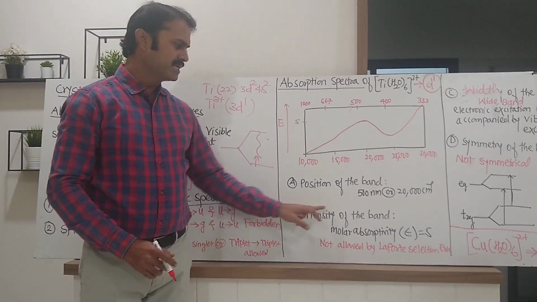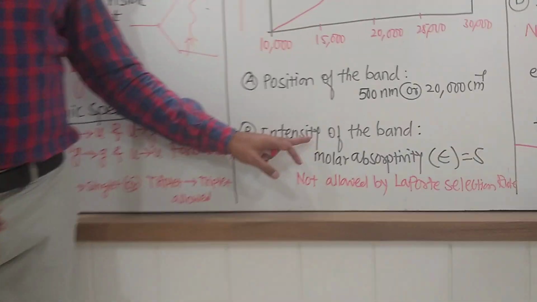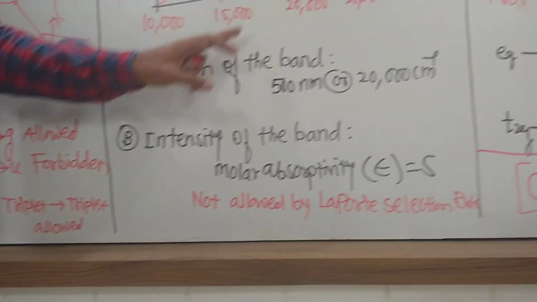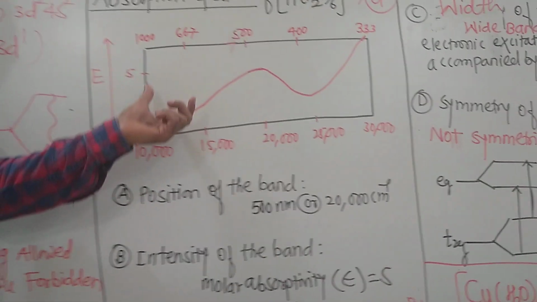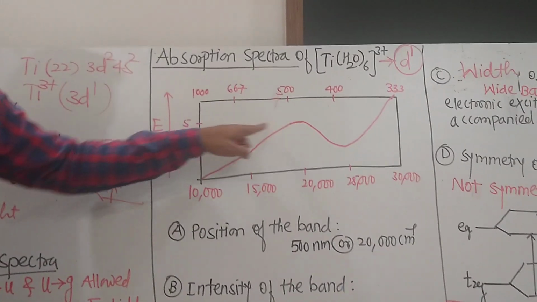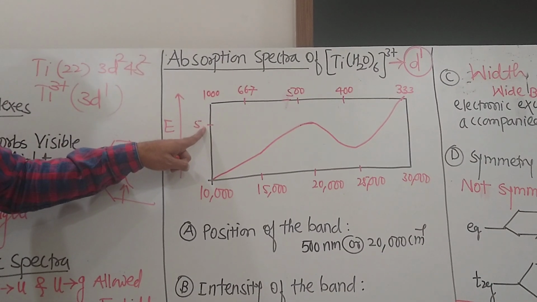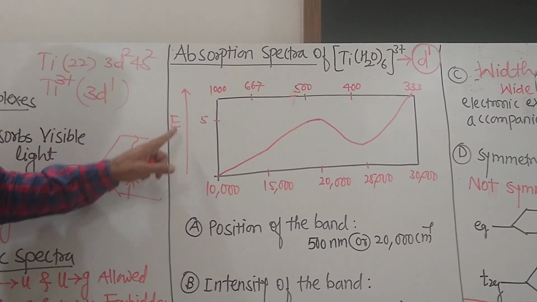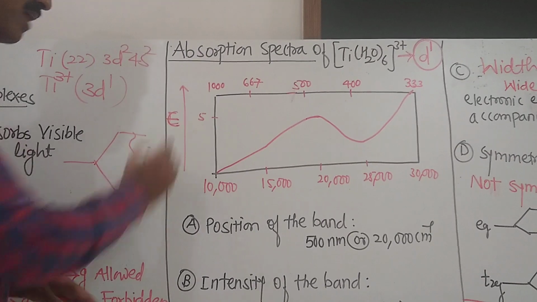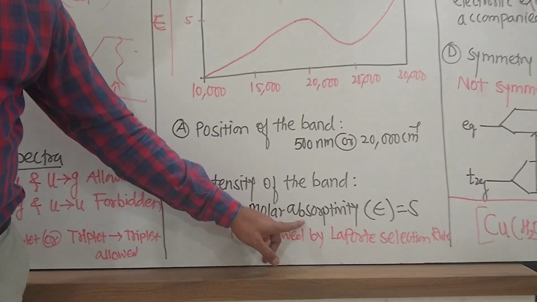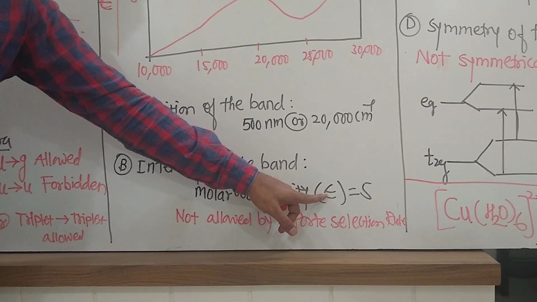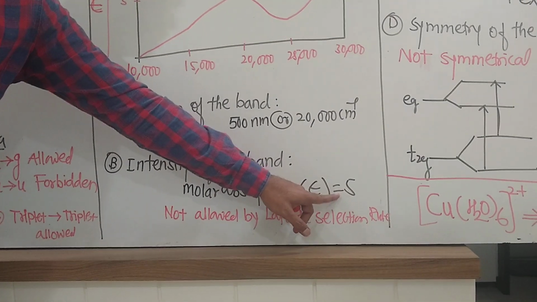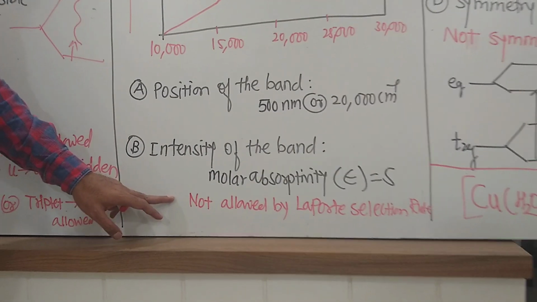Second point is intensity of the band. From the spectra we can see that intensity of the band, this is the epsilon value. Epsilon means molar absorptivity. Molar absorptivity of the band is only 5.